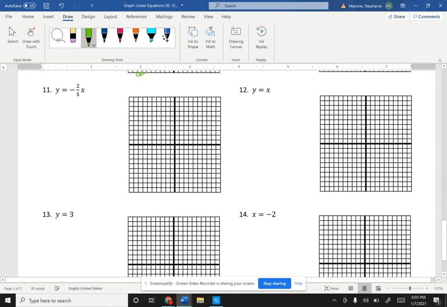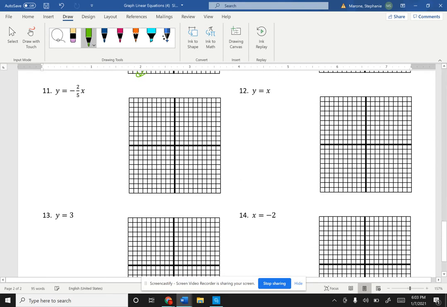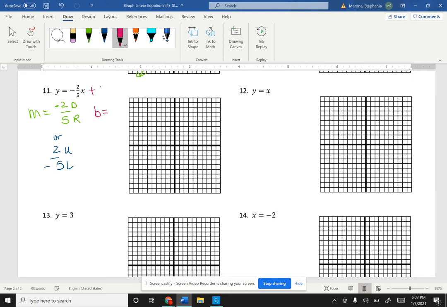The next 4 are ones that don't look like y equals mx plus b, but they are. So this one, m is equal to negative 2 over 5. Remember that negative is either on the top or the bottom, or we can make it 2 over negative 5, whichever one. And the y-intercept is 0.